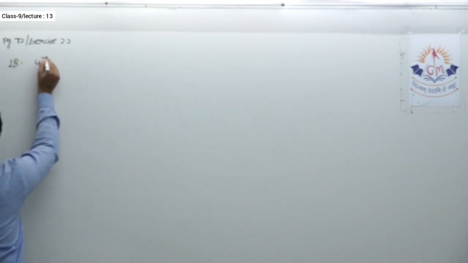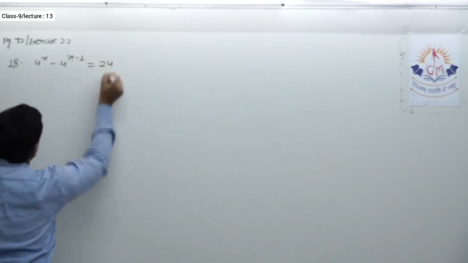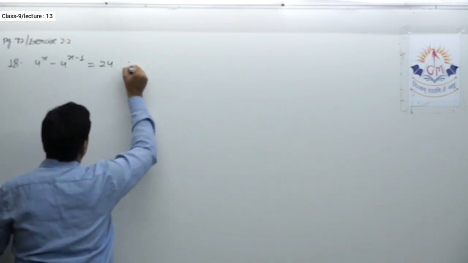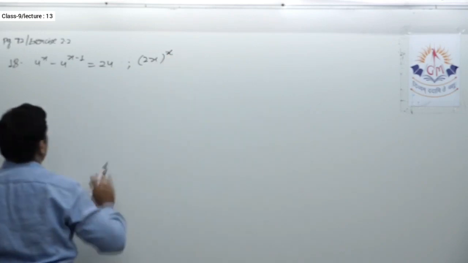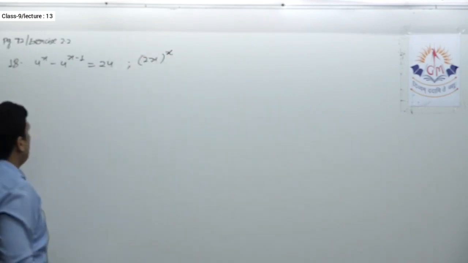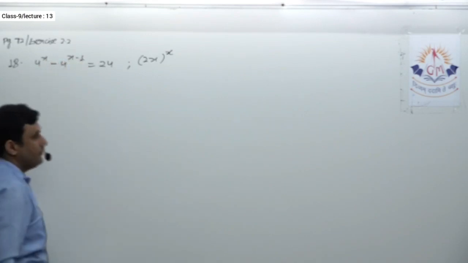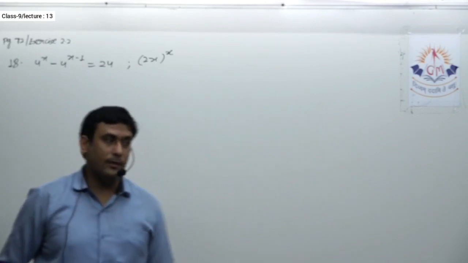If 4 raised to x minus 4 raised to x minus 1 is equal to 24, then we have to find the value of 2x raised to x. So we have to obtain the value of 2x raised to x.